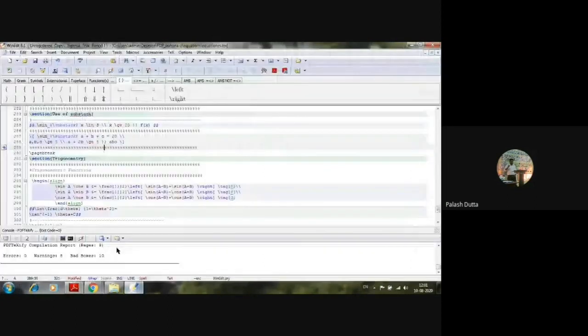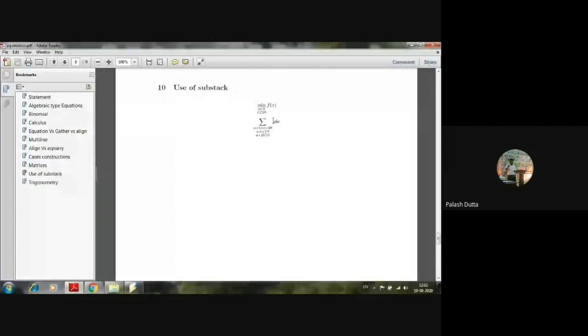Double dollar, then \sum underscore, and there are three expressions in substack: a plus b plus c equal to 0, abc greater than 0, then in the next line a plus b greater than 5, and then abc. In this way we can write this sort of expression.